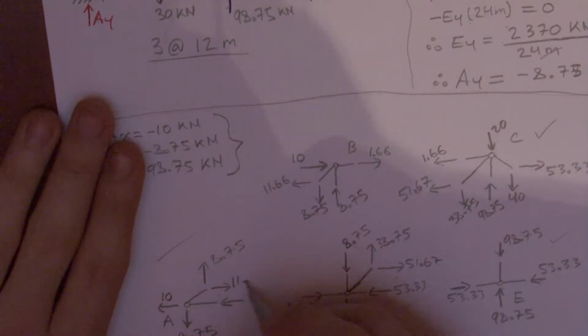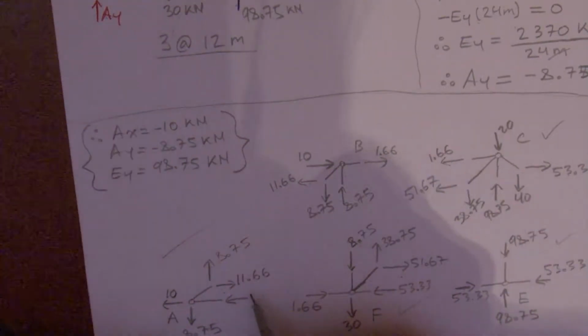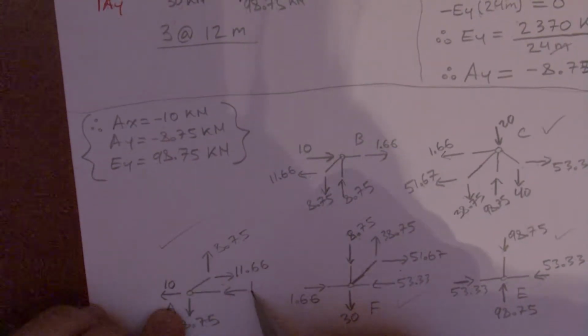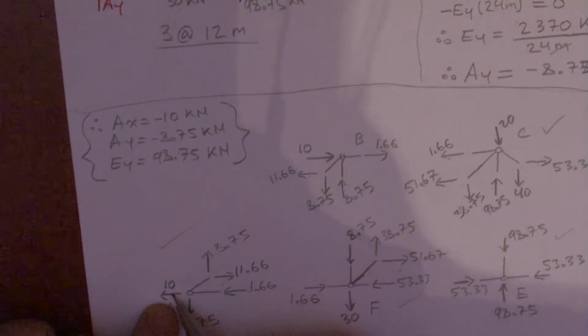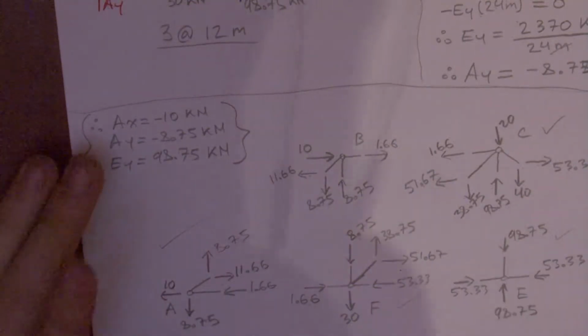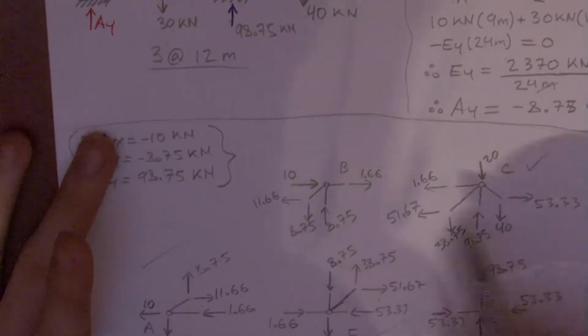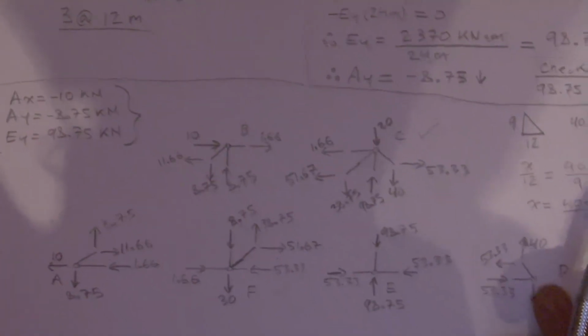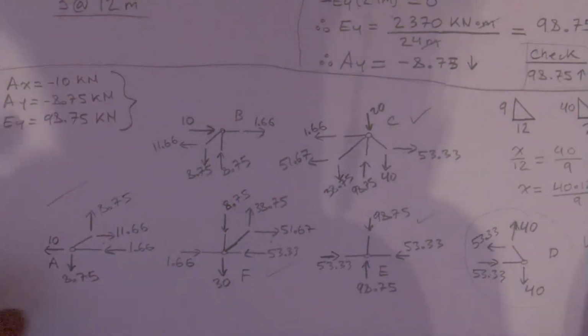And then we have 11.66. Now to balance out the x, we need to add another 1.66 going to the left, and that makes sense because we can transfer this over, and it works. Everything here is equal to 0. This is a perfect system that is in equilibrium, and you can see that. So that's how you do it.